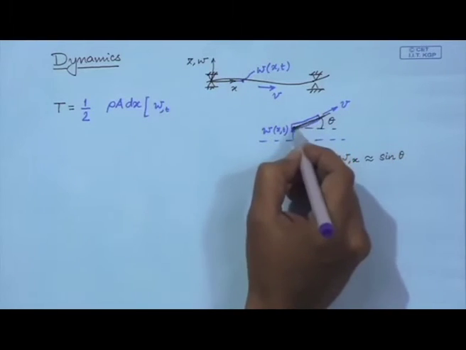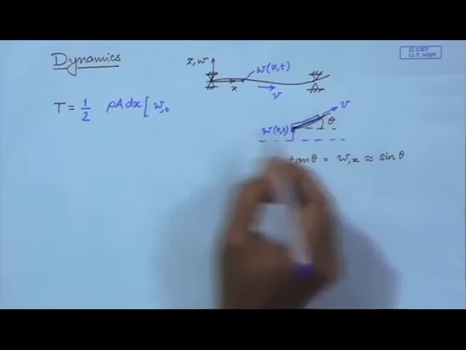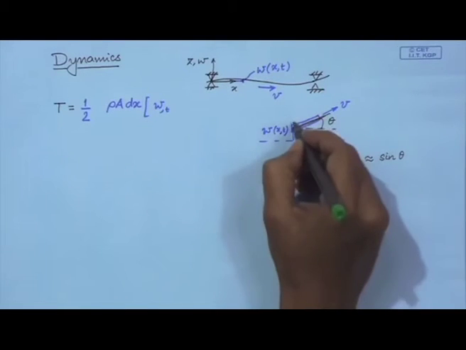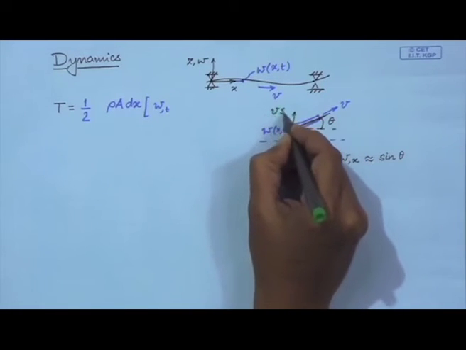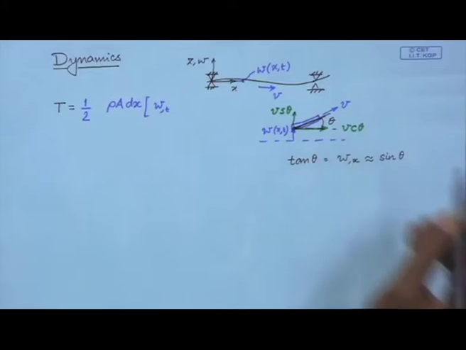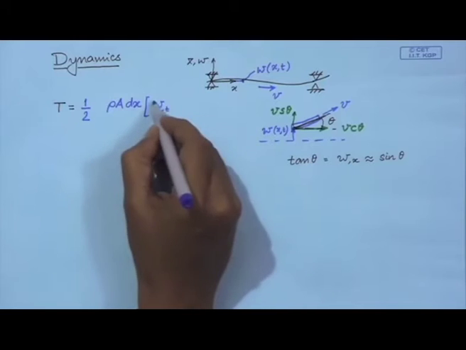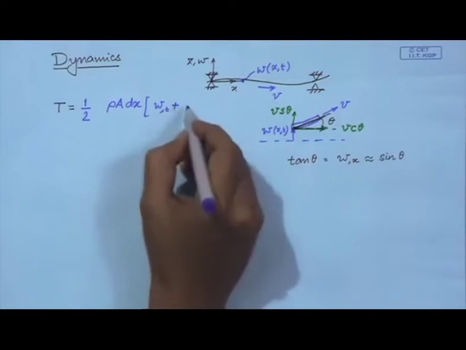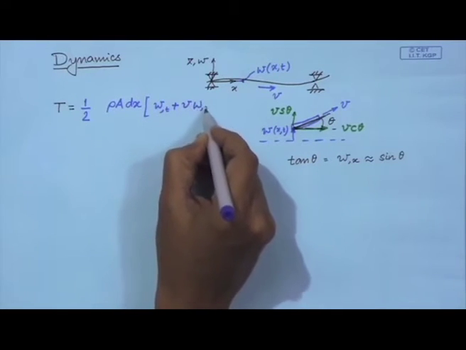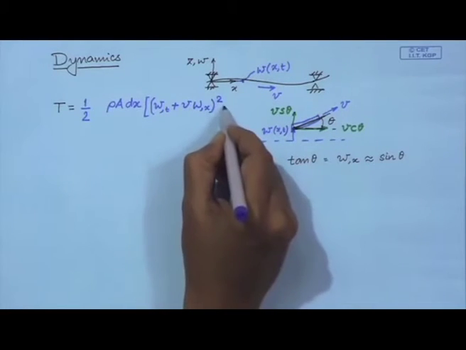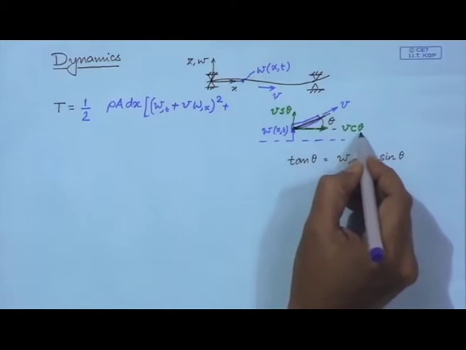So, the transverse component because of this velocity is v sine theta and the horizontal component is v cosine theta. So, therefore, plus v sine theta, now sine theta is del w del x, so this whole square plus v cosine theta whole square.